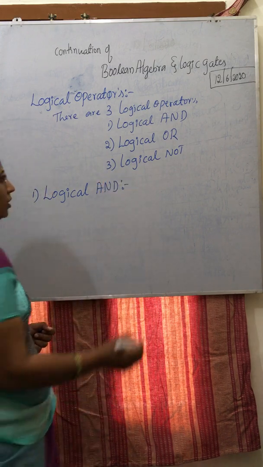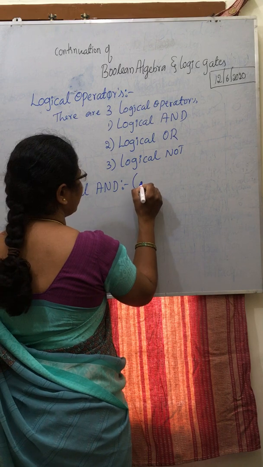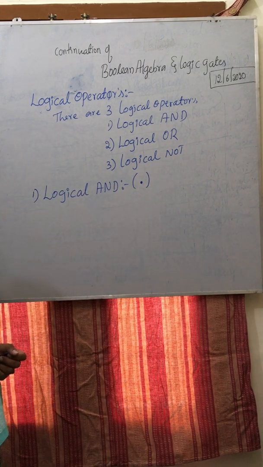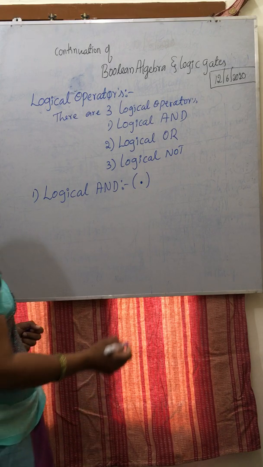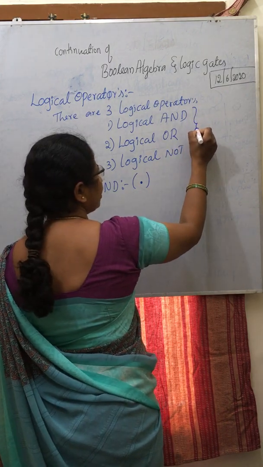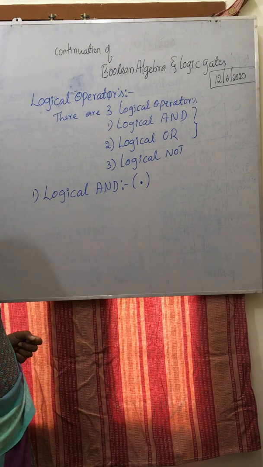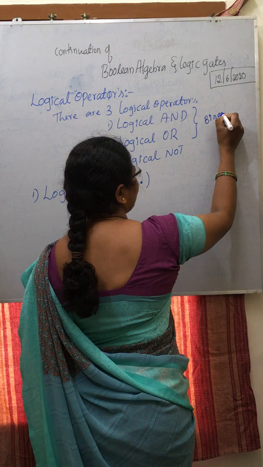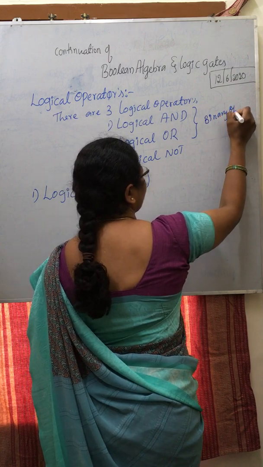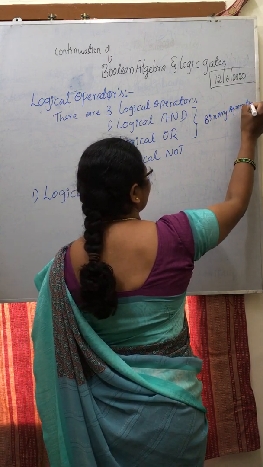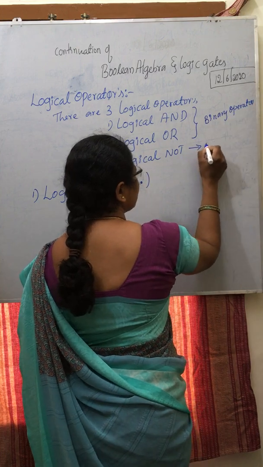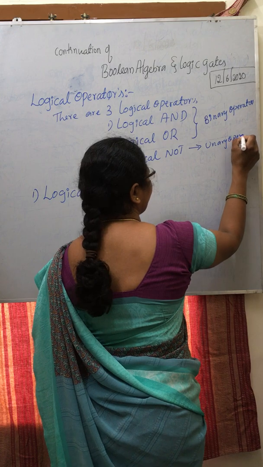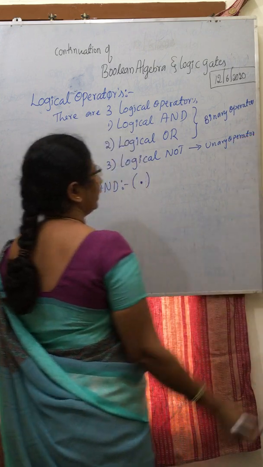Logical AND is denoted with the dot operator. These two operators, AND and OR, are binary operators, and this is a unary operator.